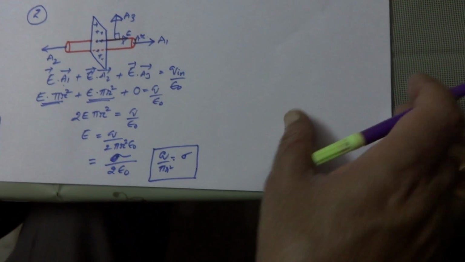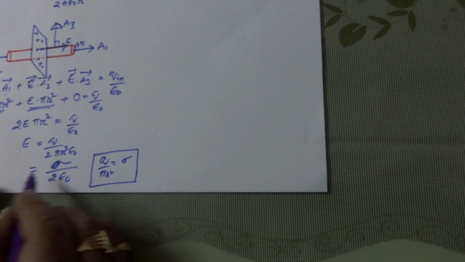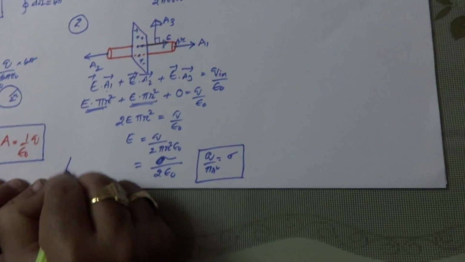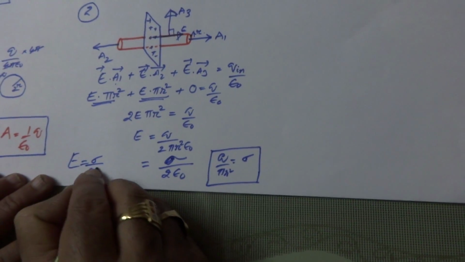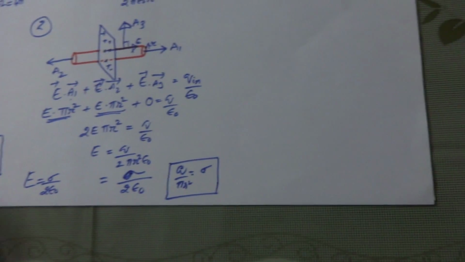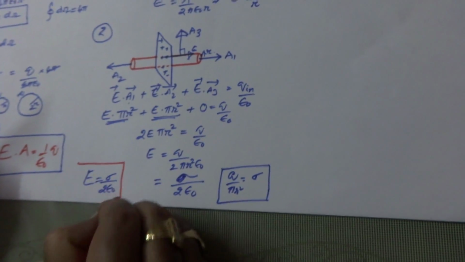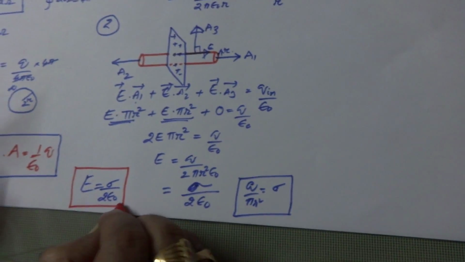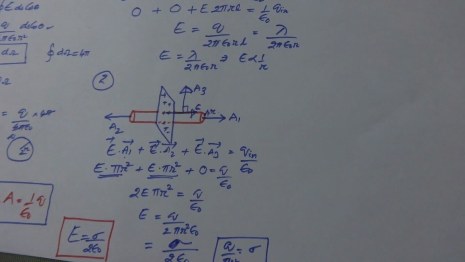Okay, so now the interesting part of this result is this. If you observe the final result, what is the final result here? E is equal to sigma by 2 epsilon naught. This result is very interesting because it does not depend on the distance from the sheet to the point of interest.